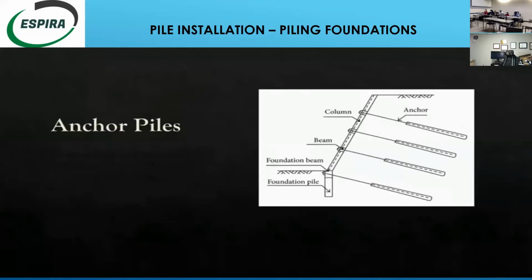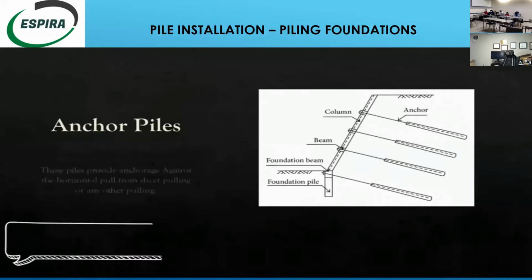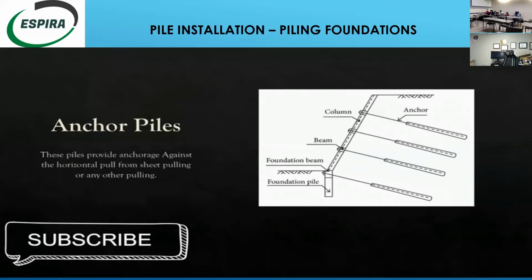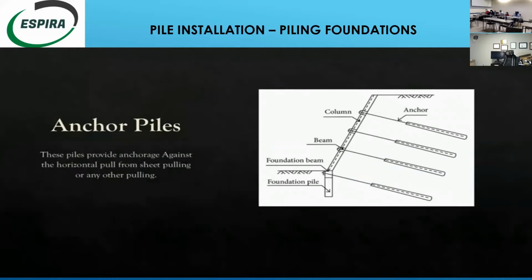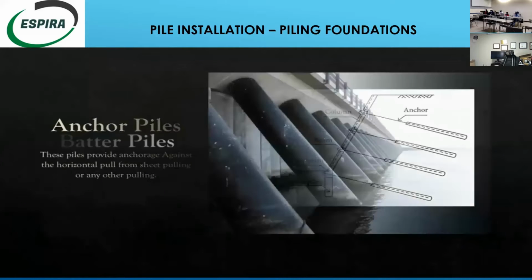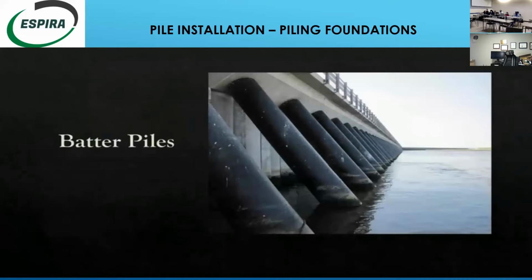Anchor piles. These piles provide anchorage against the horizontal pull from sheet piling or any other pulling. Batter piles. These piles are used to resist large horizontal or inclined forces.